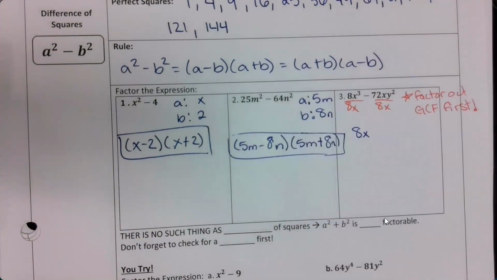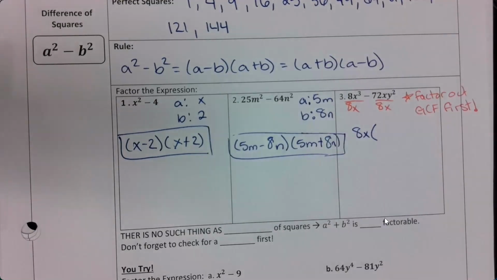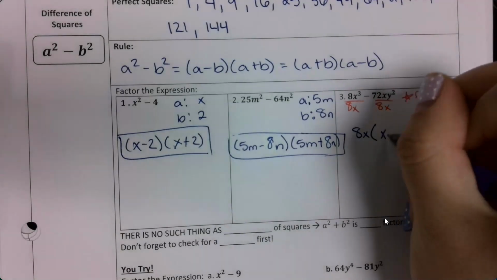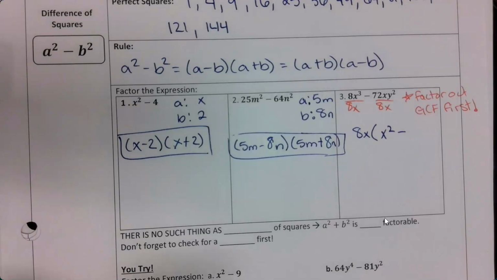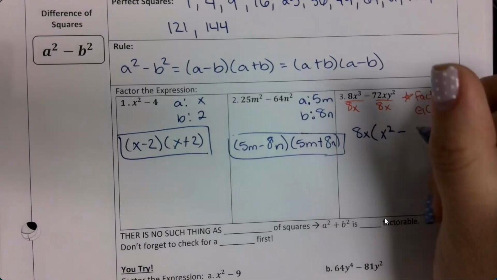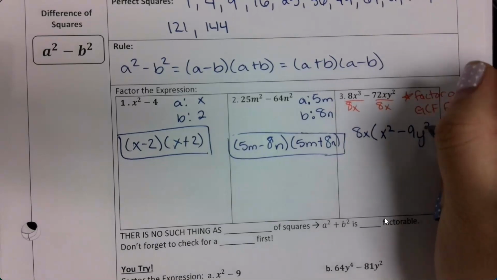So I want to go ahead and write 8x. What's 8x cubed divided by 8x? X squared. What is 72xy squared divided by 8x? So what's 72 divided by 8? 9, and then I just have the y squared.